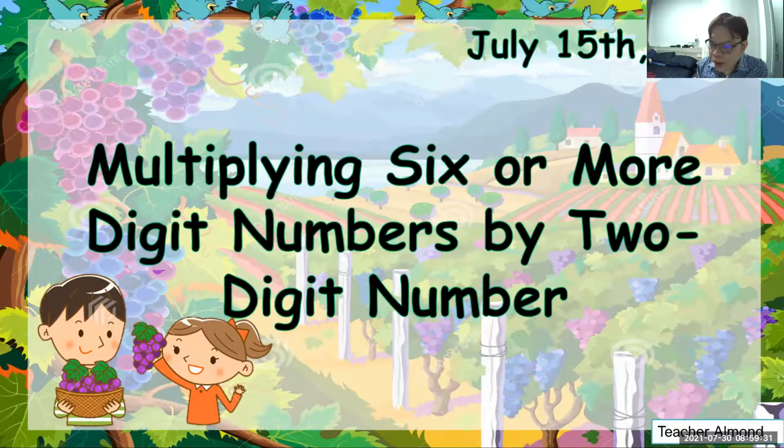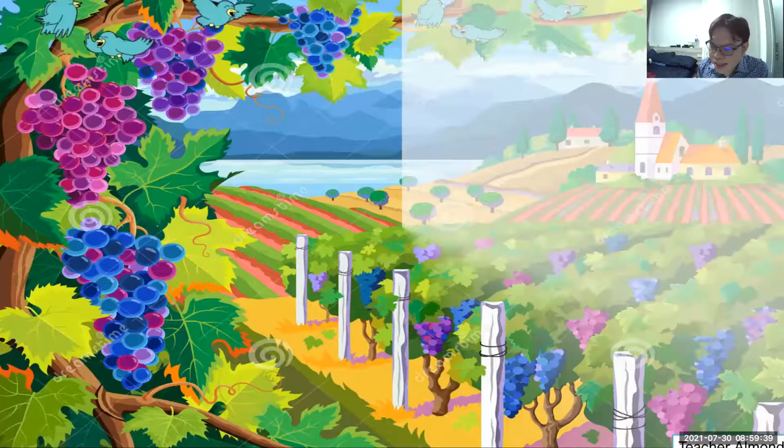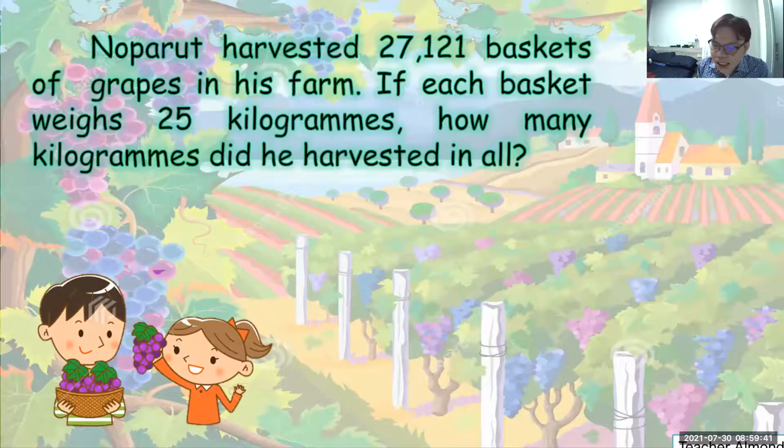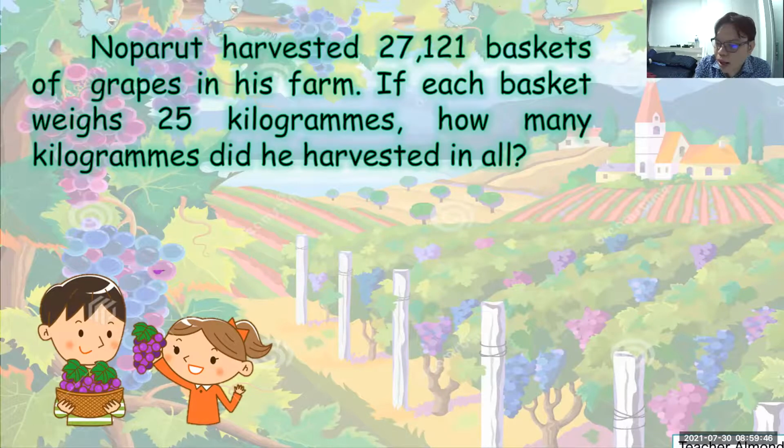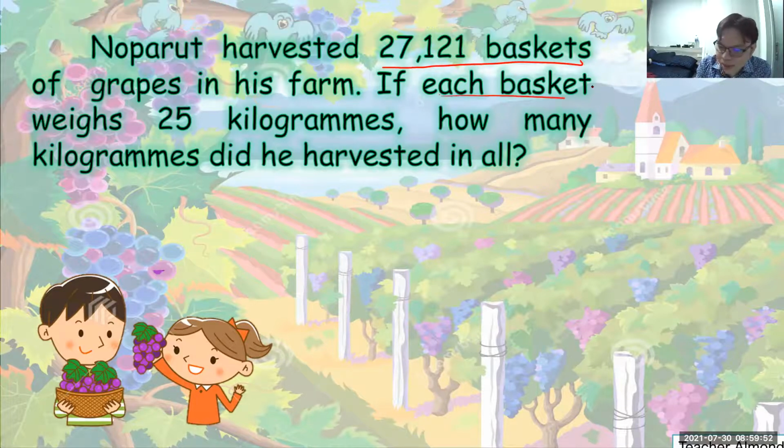Now remember, in your multiplication, multiplying 6 or more digit numbers by 2-digit numbers. So what do we need to do? Okay, example here: a farmer harvested 27,121 baskets of grapes in his farm. Each basket weighs 25 kilograms.